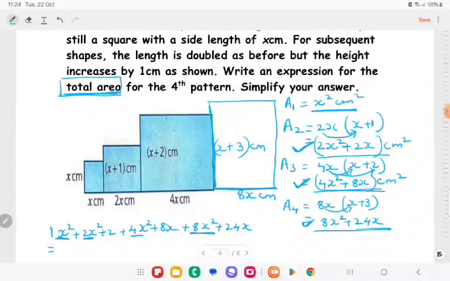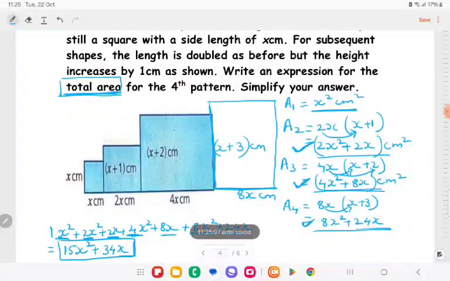So this is 1 plus 2, 3, 3 plus 4, 7, 7 and 8 is 15. 15x square plus, let's add up all the others. 2x plus 8x makes it 10x. 10x plus 24x makes it 34x. That is your expression for the total area.